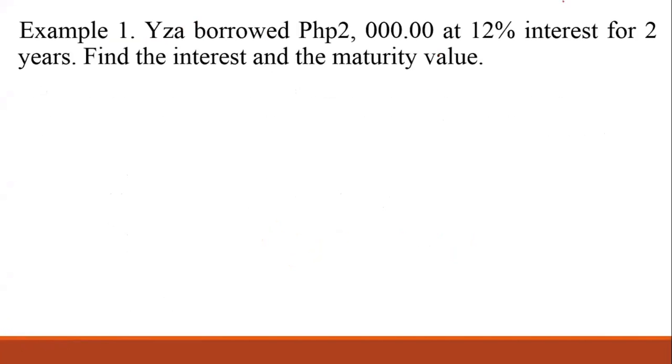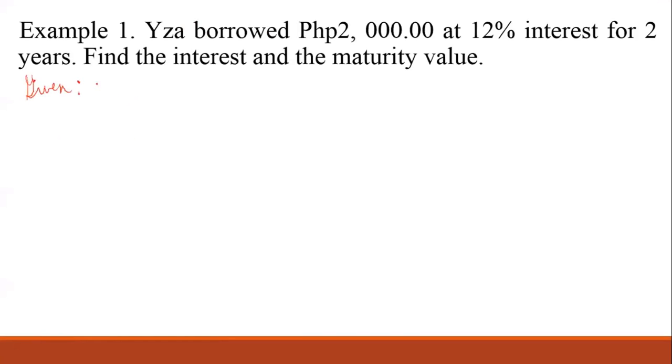Number 1. Isa borrowed 2,000 pesos at 12% interest for 2 years. Find the interest and the maturity value. So what are we going to find? We're going to find the interest and the maturity value. We have to identify first our given.